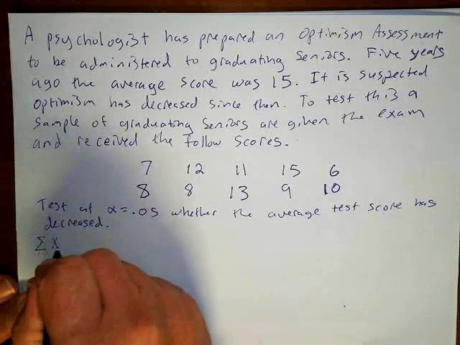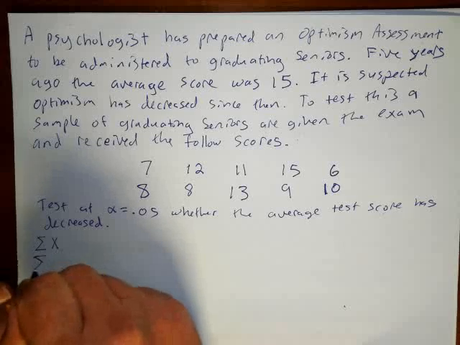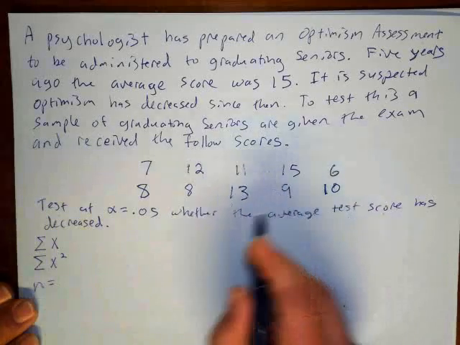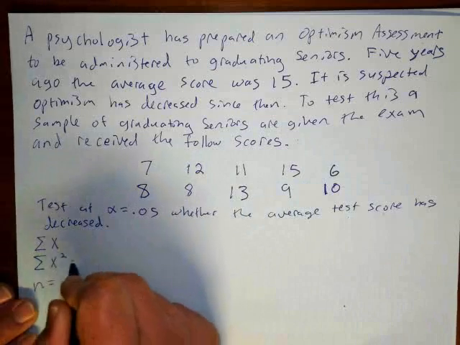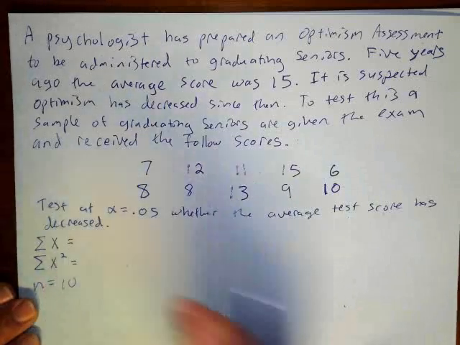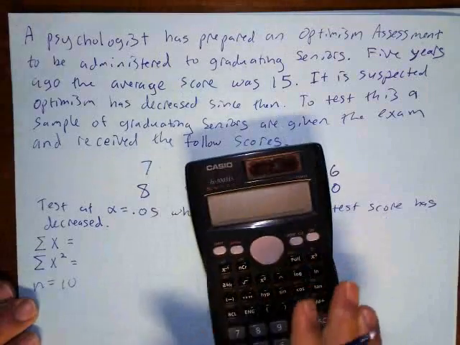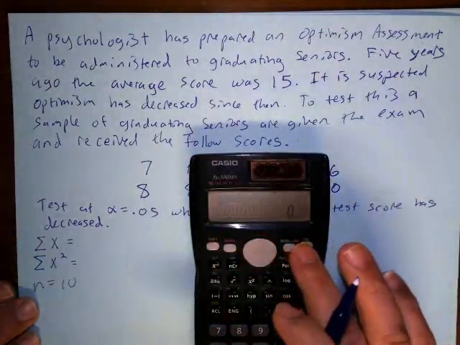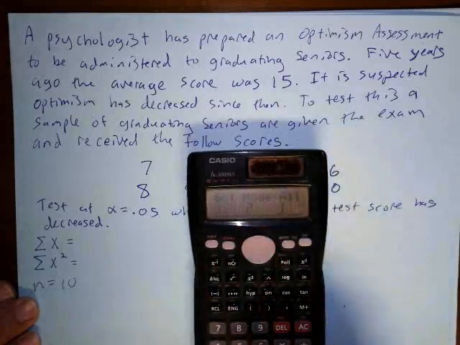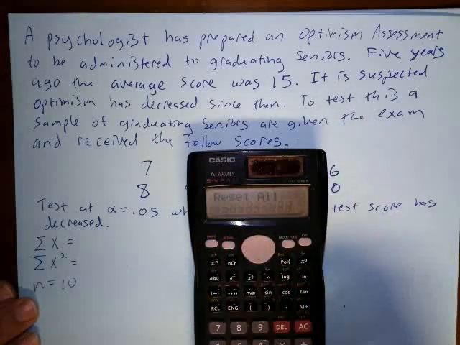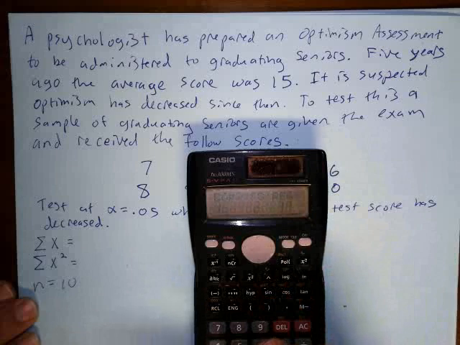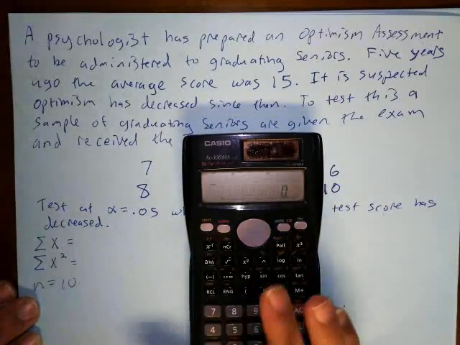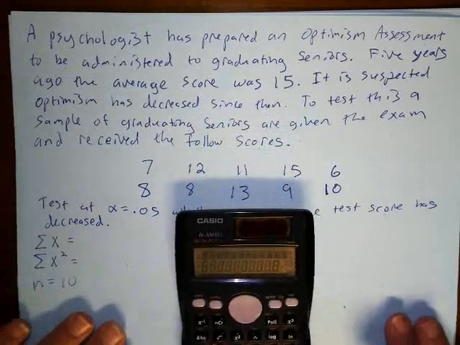We're going to start by getting the sums. My n here is 10. I'm going to use my calculator to get the sums. I'm going to clear it, pick SD mode for statistical data, and now type these values in.